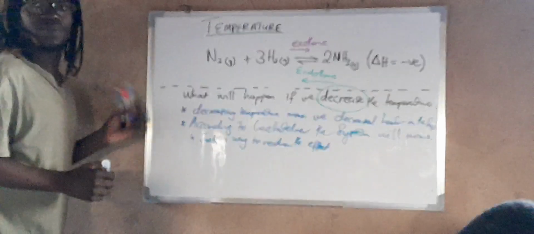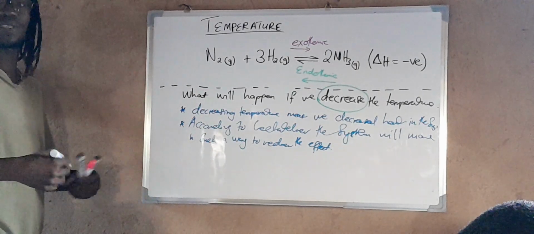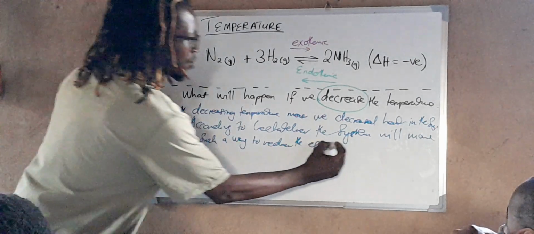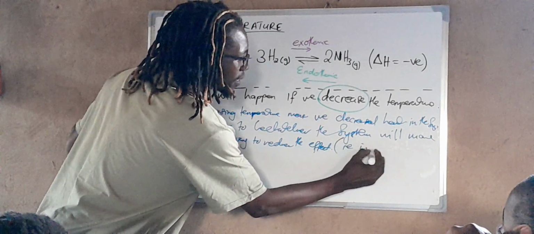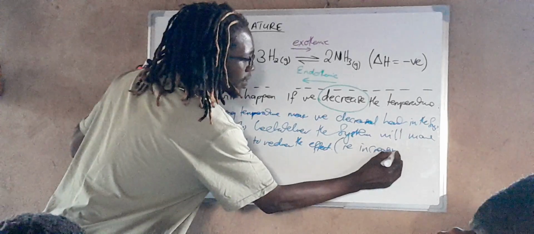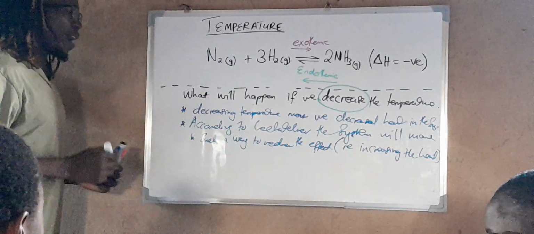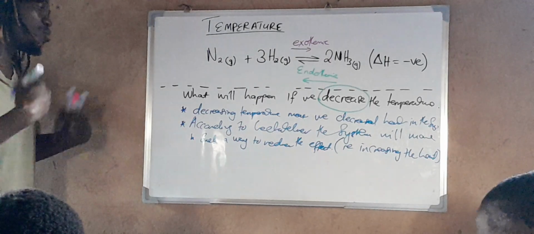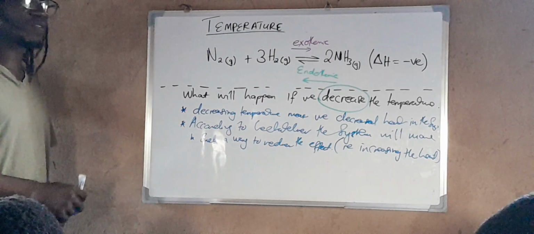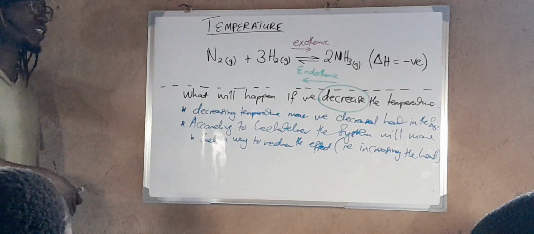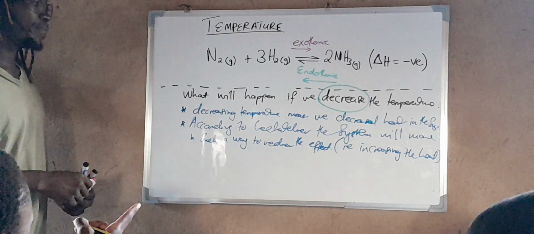So it means that in this case we have decreased the temperature, so to reduce the effect is to re-increase the temperature, re-increasing the heat. So according to Le Chatelier, the system will move in such a way to reduce the effect.